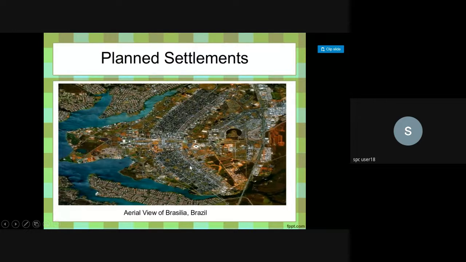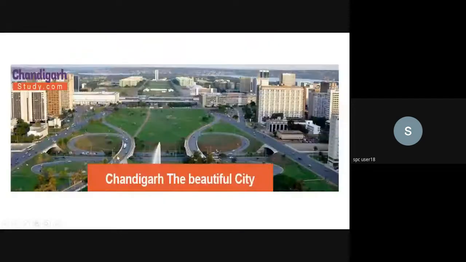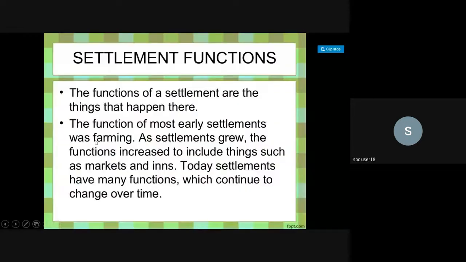These are the fins of the aeroplane, this is the head of it, and then the tail of it. So that is how they planned Brasilia, the capital of Brazil. In India, Chandigarh is a planned city, and you can see this beautiful look of Chandigarh. You will not see very tall skyscrapers, but it expands over a huge area, and as a consequence, it looks very fantastic.